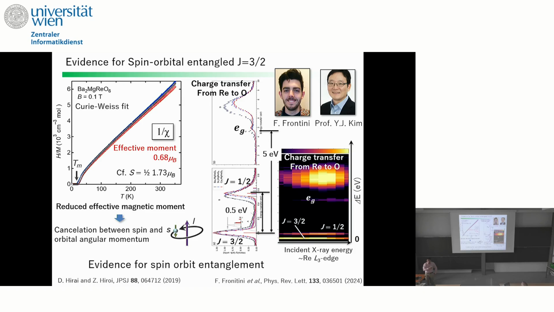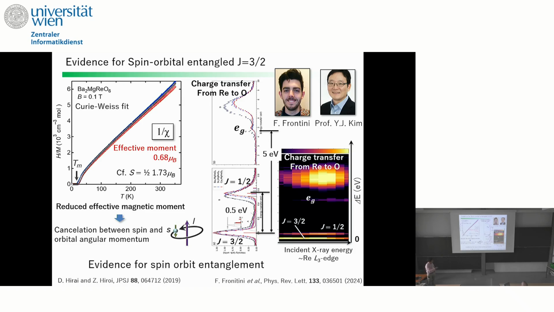More recently, I'm working with Yeonjun and Felix in Toronto, and they performed a resonant inelastic X-ray scattering experiment to see the excited states. Here we see the very faint eg state, and the separation is 5 eV as we expected.